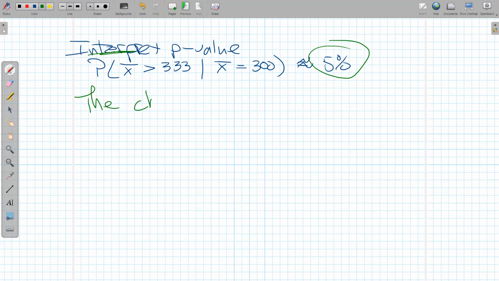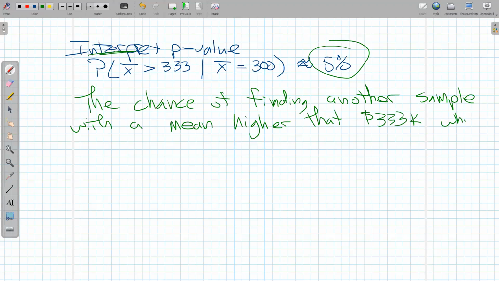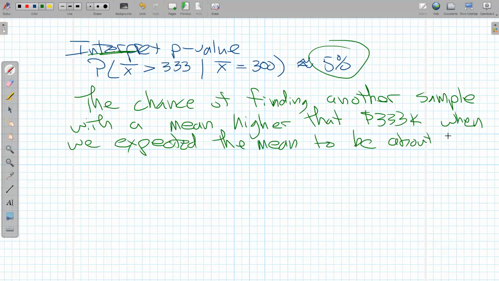So the chance of finding another sample with a mean higher than 333,000 when we expected the mean to be about 300,000 is about 5%.